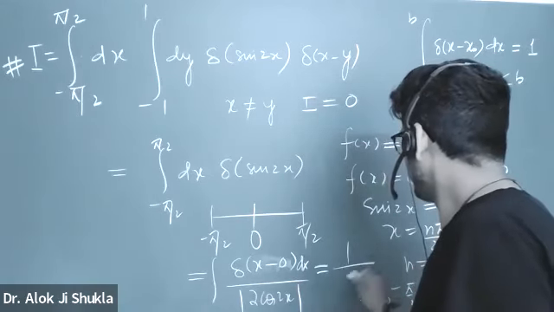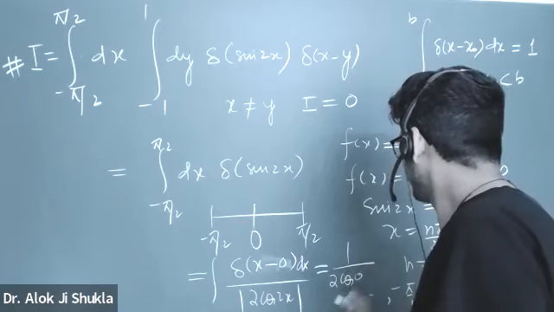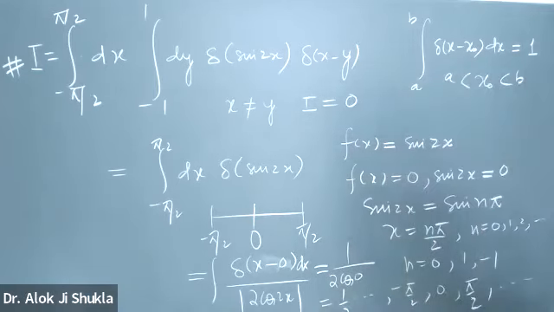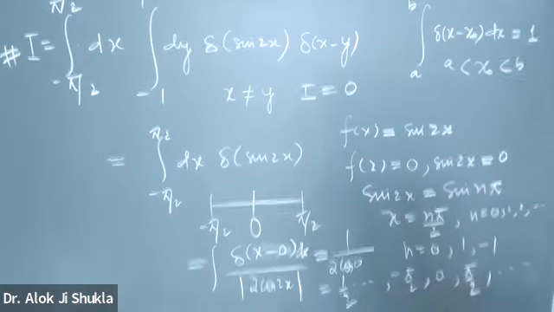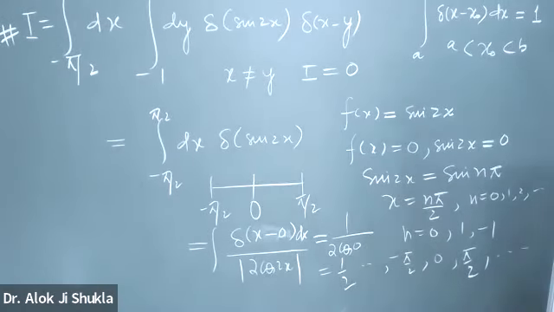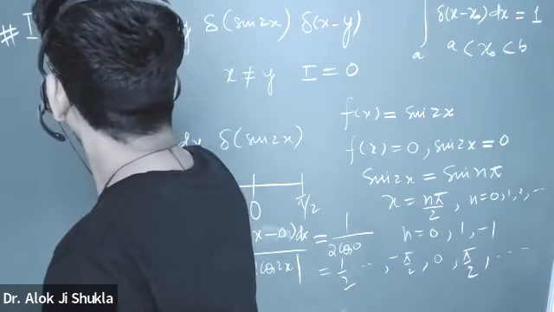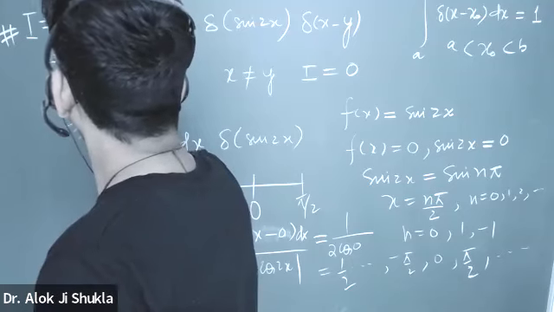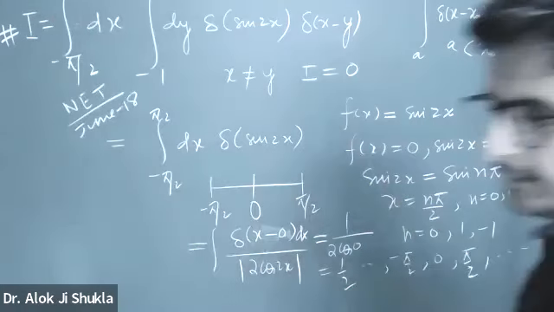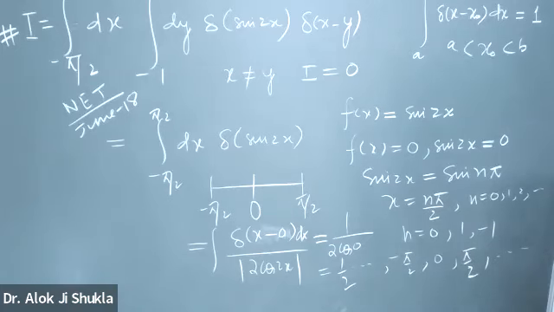That will be 1 upon 2 cos 0, which is 1 by 2. So only one root was applicable.